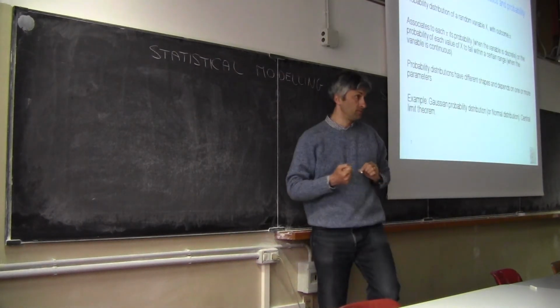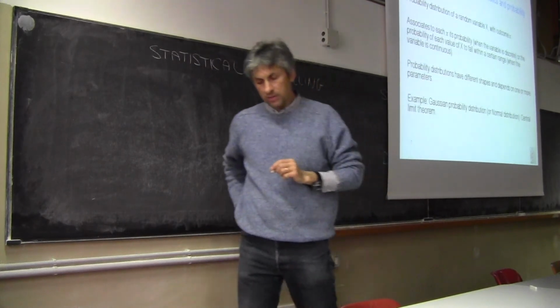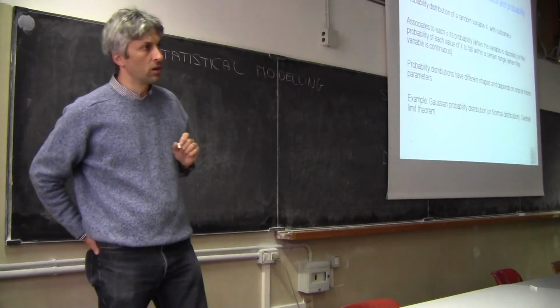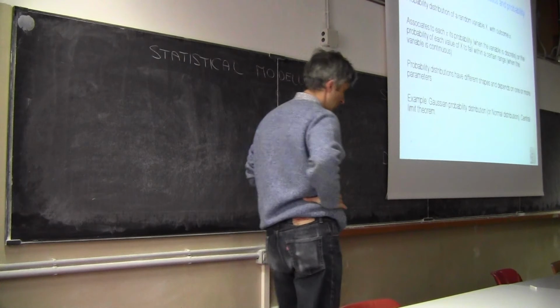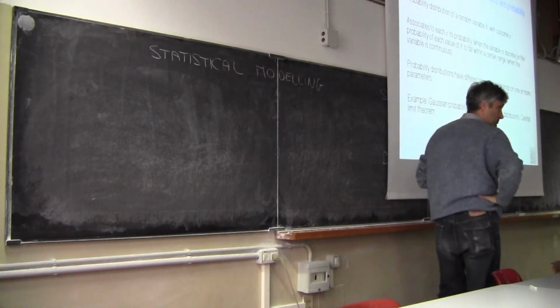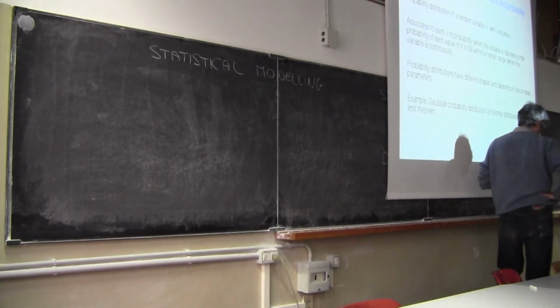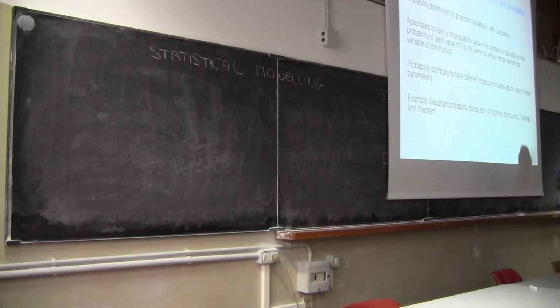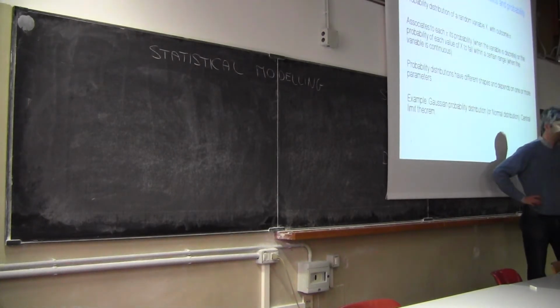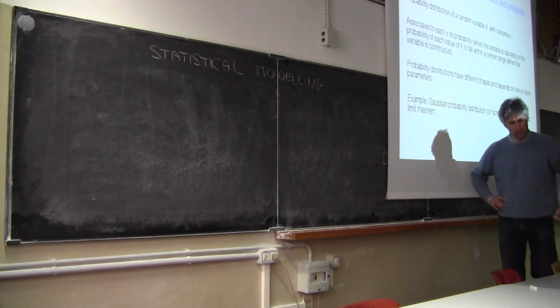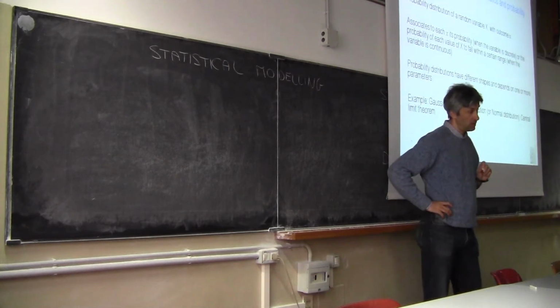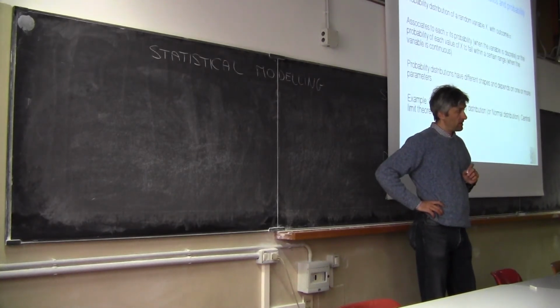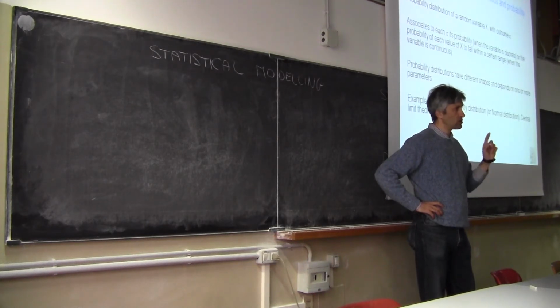The most relevant example is the Gaussian probability distribution, which is also called normal distribution. The Gaussian distribution is not very much useful in hydrology because hydrological variables are typically non-Gaussian. But the Gaussian distribution has a striking property, which is in a way also amazing. Let's say again what I just mentioned. Hydrology is not Gaussian.